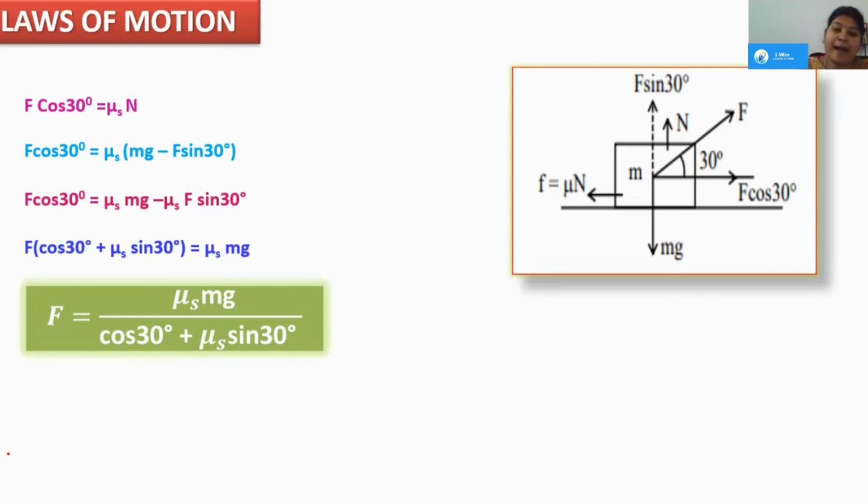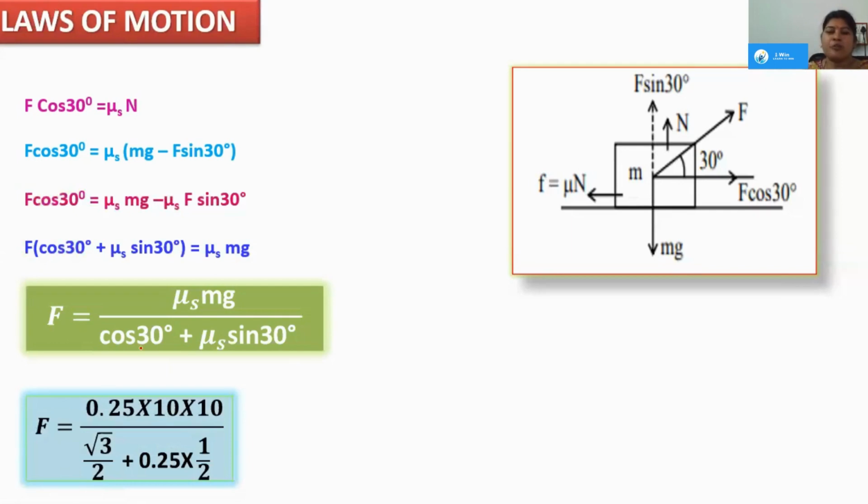In this formula, now I'm going to substitute the data. What is the data? Mu s is 0.25, mass is 10 kg, g is 10, and cos 30 and sin 30 we know. Substituting those values: mu s 0.25 into mass 10 kg into g 10 meter per second square, divided by cos 30, which is root 3 by 2, plus mu s 0.25 into sin 30, which is 1 by 2.